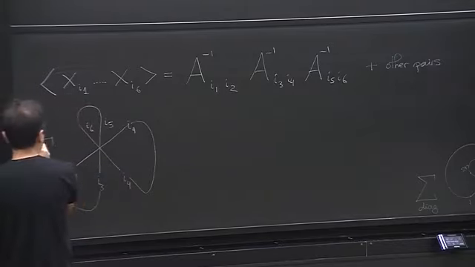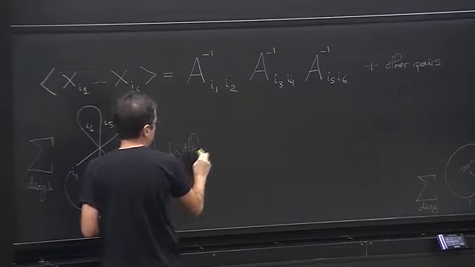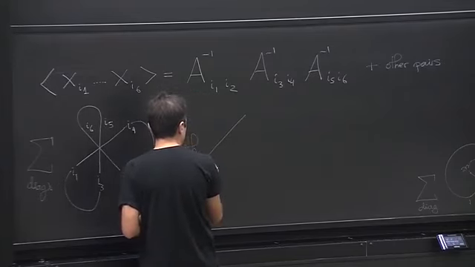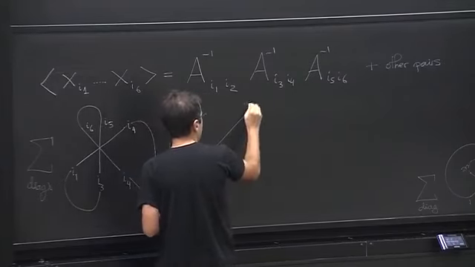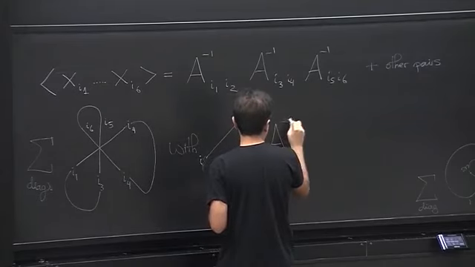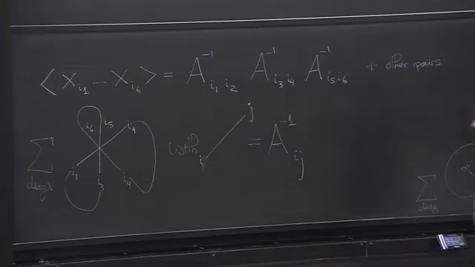And I sum over all possible diagrams with now a more sophisticated line, because now the line has two endpoints. It connects I and J. And when it connects I and J, it gives the inverse of the matrix evaluated at I and J.